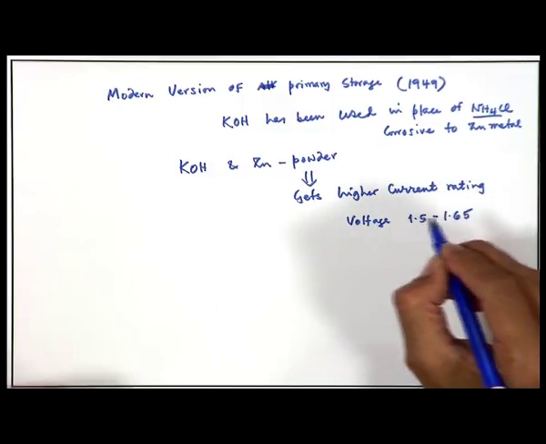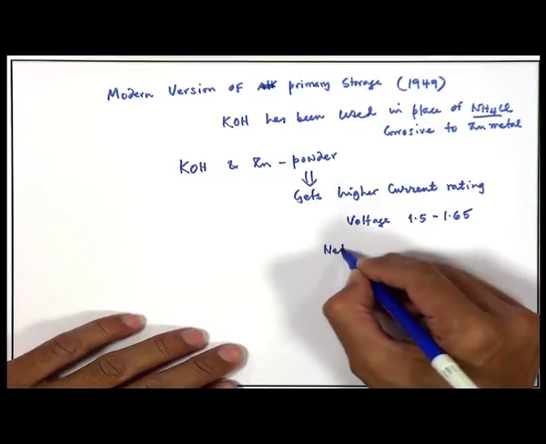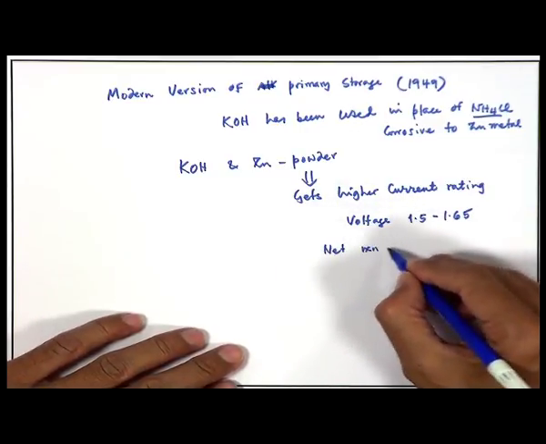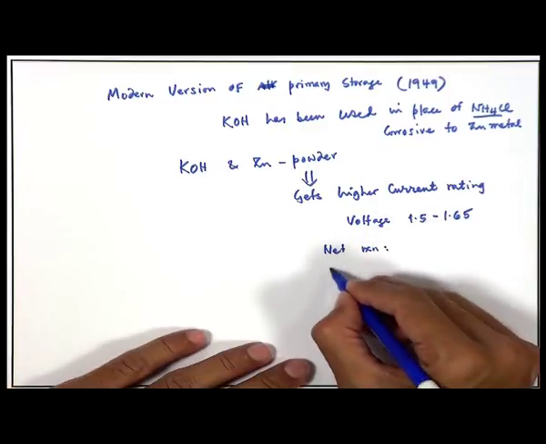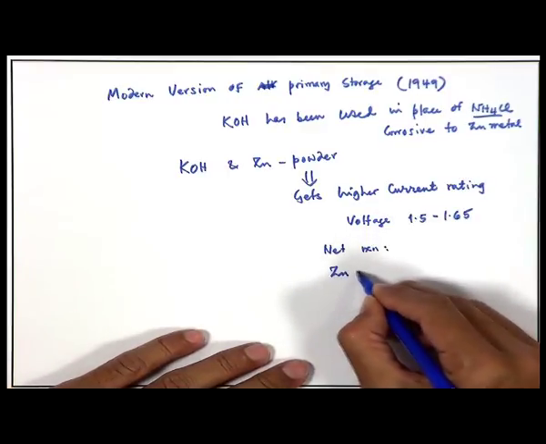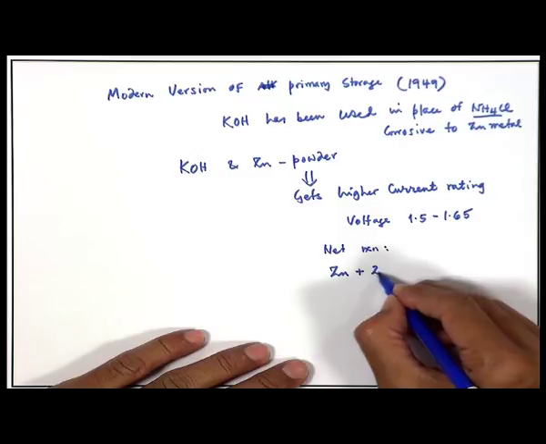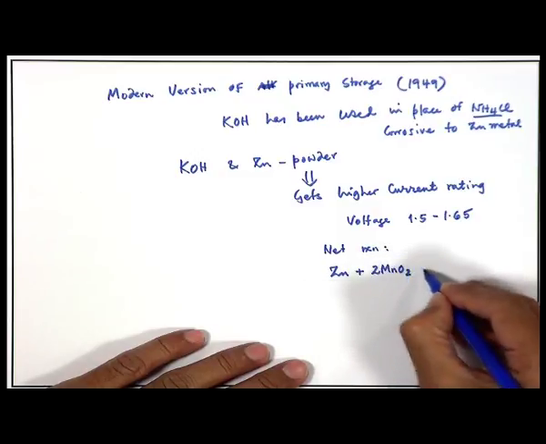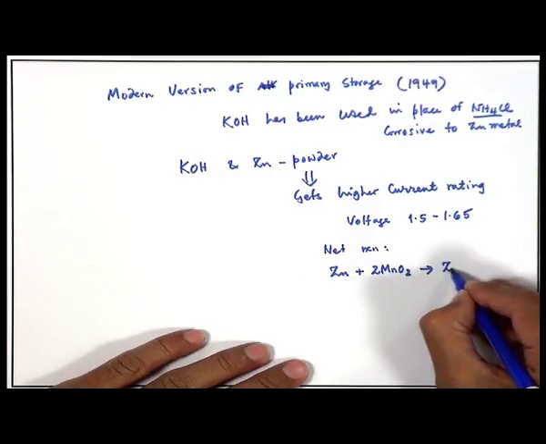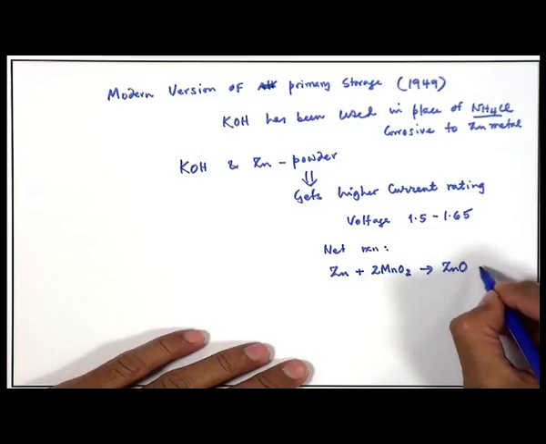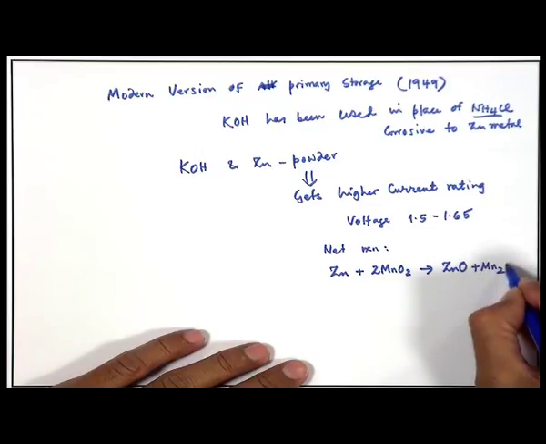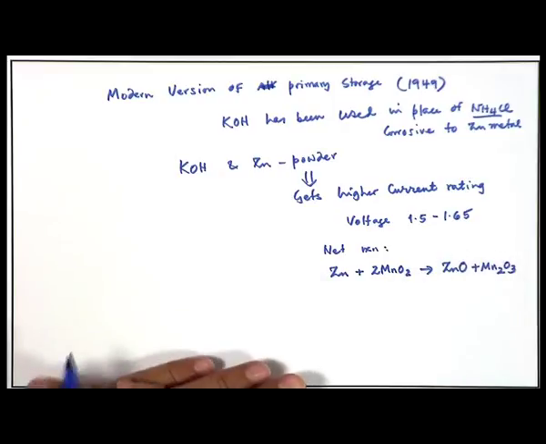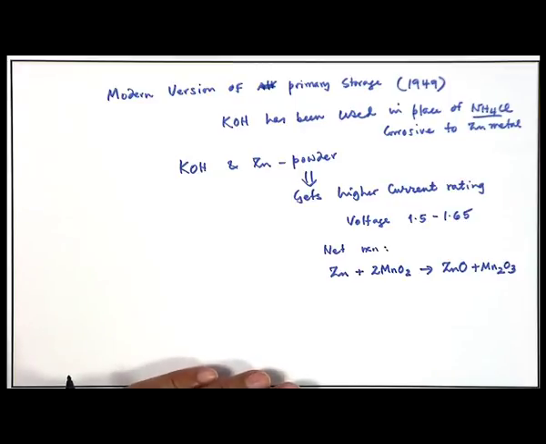The net reaction can be zinc plus 2 MnO2, that gets you zinc oxide plus Mn2O3. So, this is called the alkaline cell, which is the modern version of Leclanche's cell.